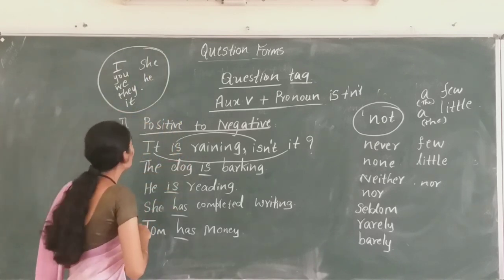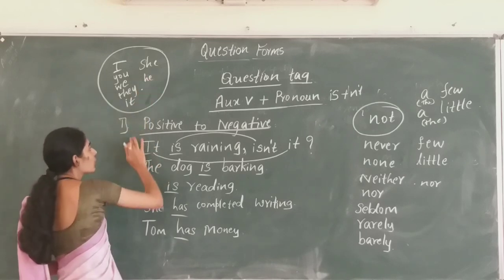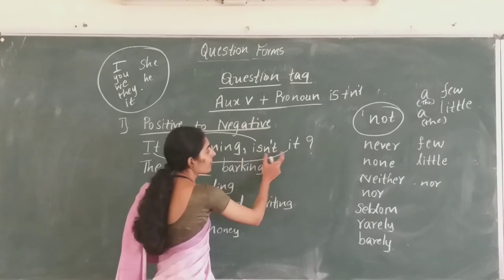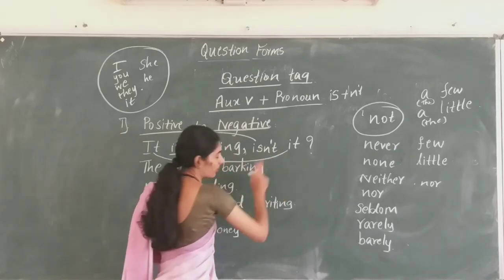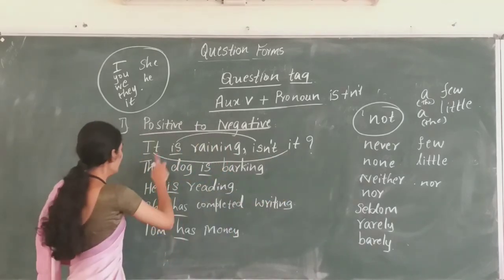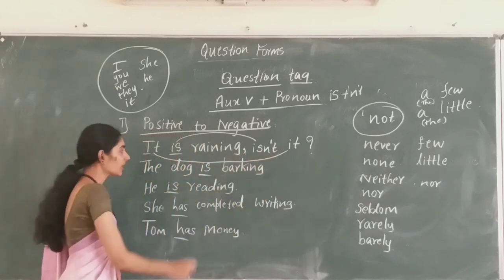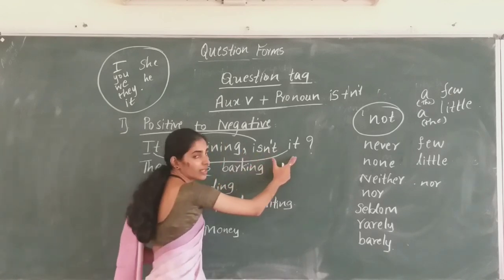Except these personal pronouns, you should not write any proper nouns after the helping or auxiliary verb in the question tag. They must be pronouns. So now, it is raining, isn't it? Here the statement is positive and the tag is negative. Simple.